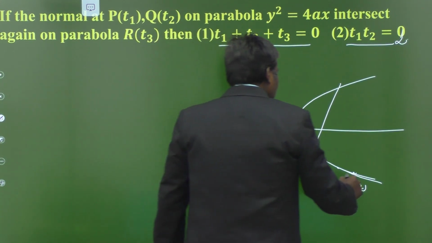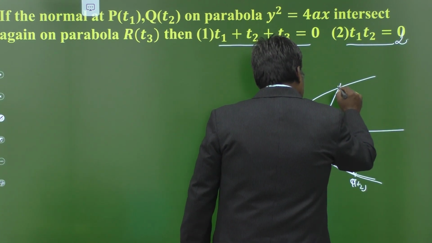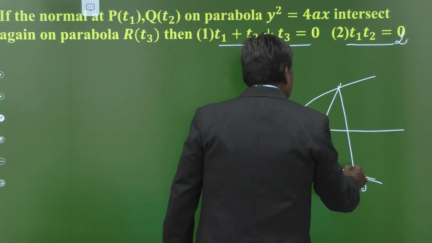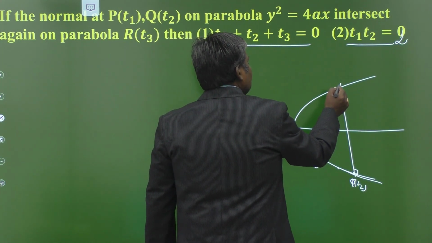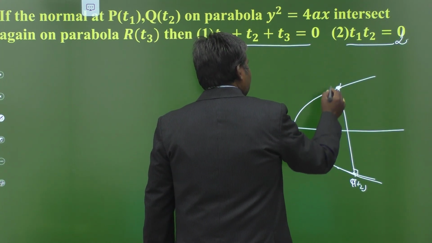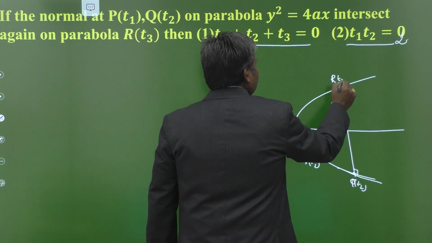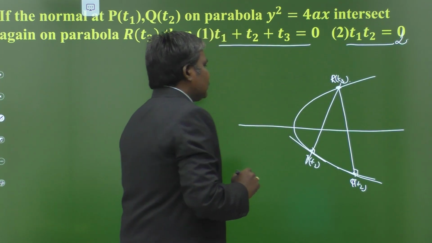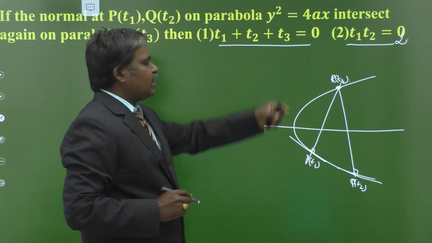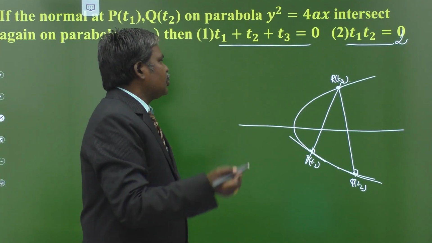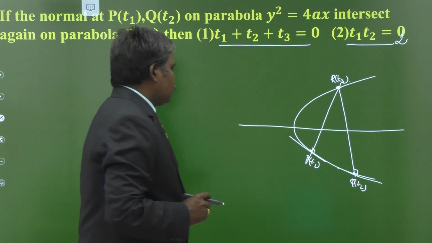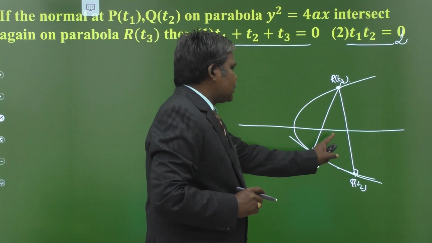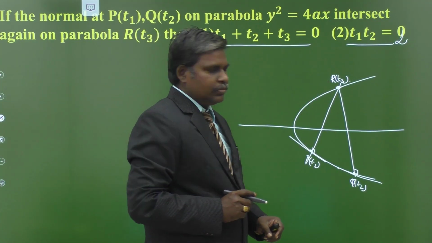The angle is here 90 degrees, here 90 degrees. These two normals intersect at this point R(t3). This is the condition. Now we have to show that t1 + t2 + t3 is equal to 0 and t1 t2 is equal to 2. So the normals at these 2 points intersect again on my curve.